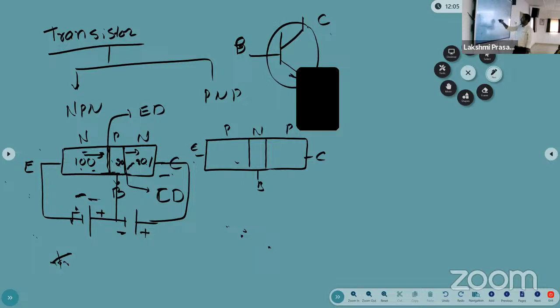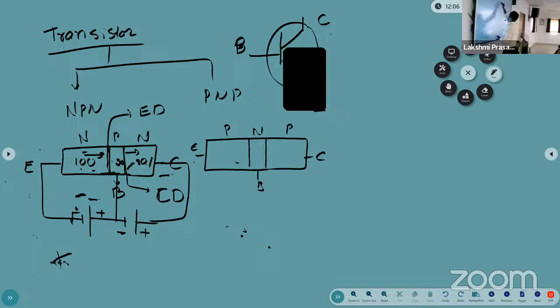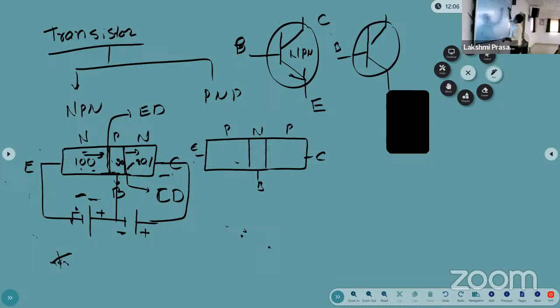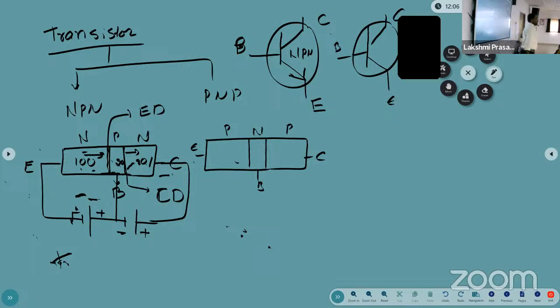And for this, what is the type of transistor? This is the NPN transistor. And the PNP transistor. In PNP transistor, what is the current direction?